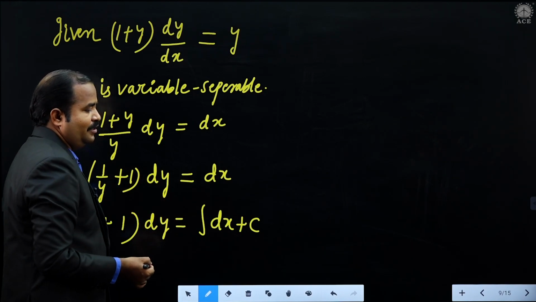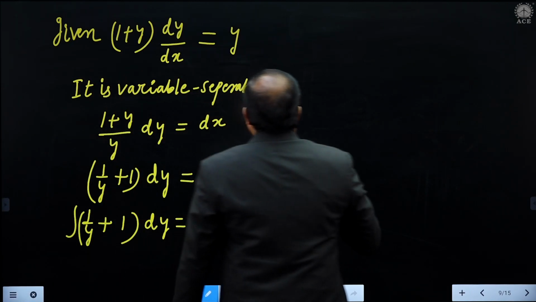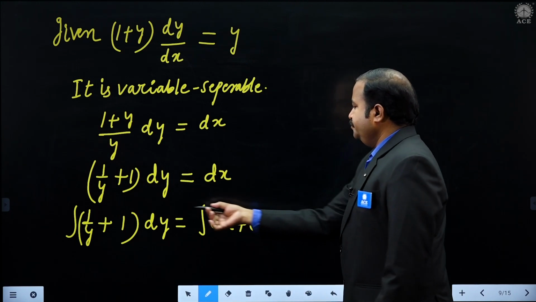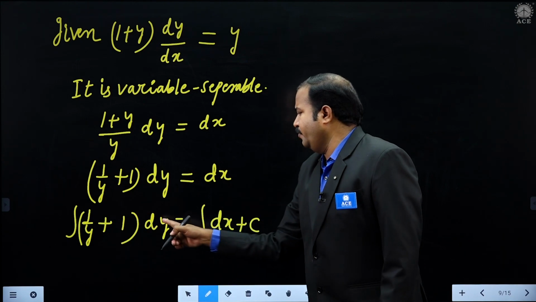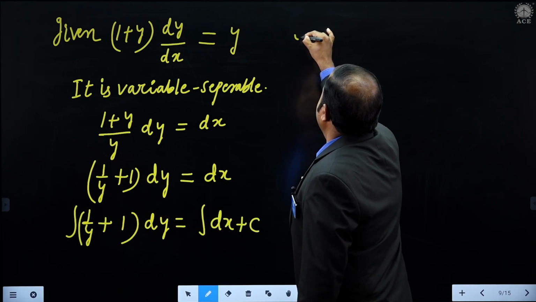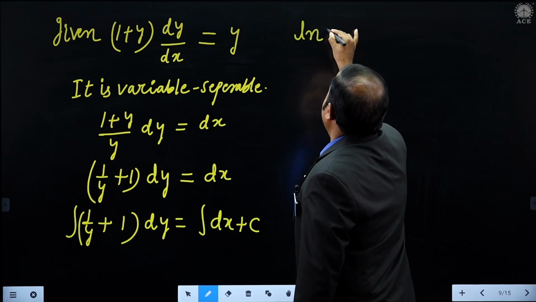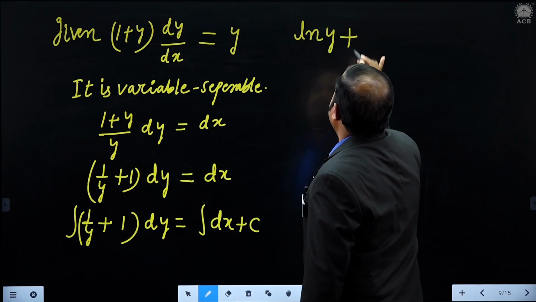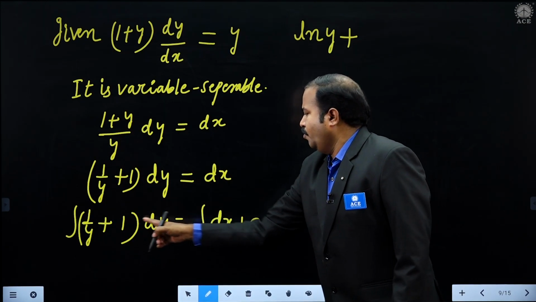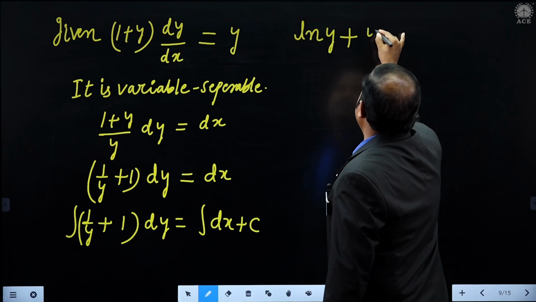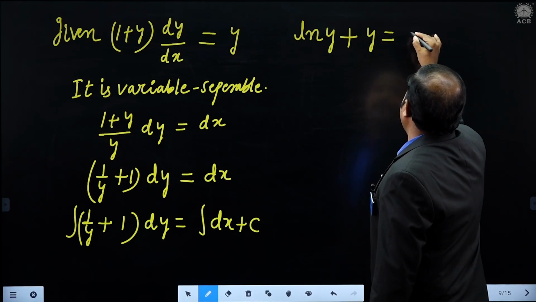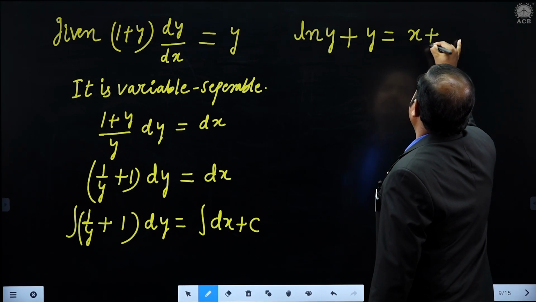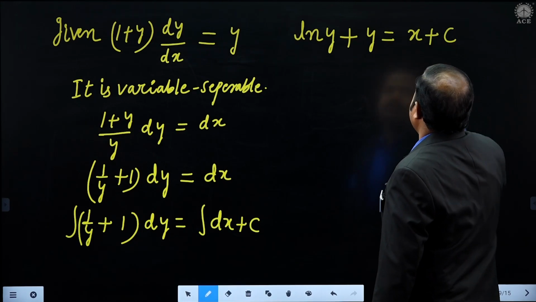So let me add an arbitrary constant. By integrating, integral of 1 by y into dy is log y, plus 1 into dy means y only, equal to integral of dx means x only, plus arbitrary constant c.